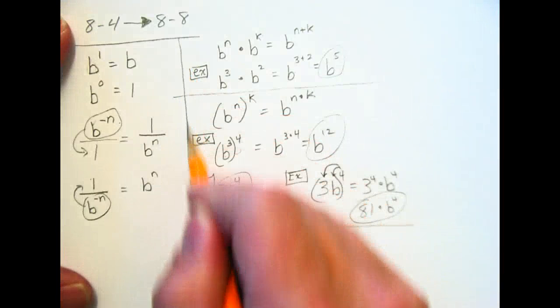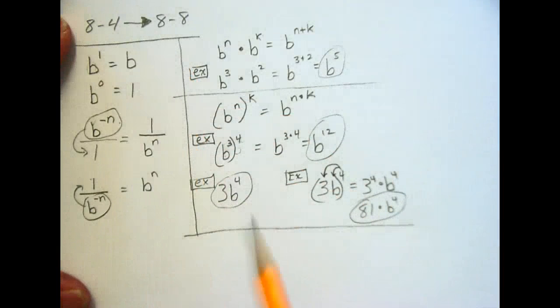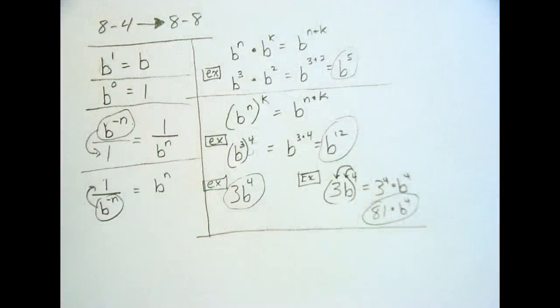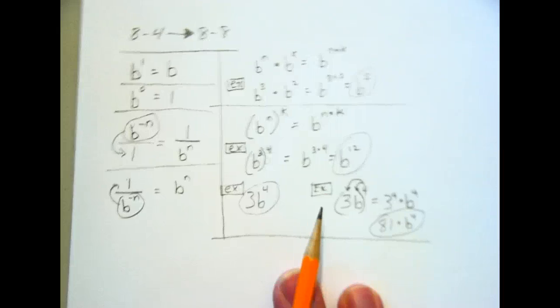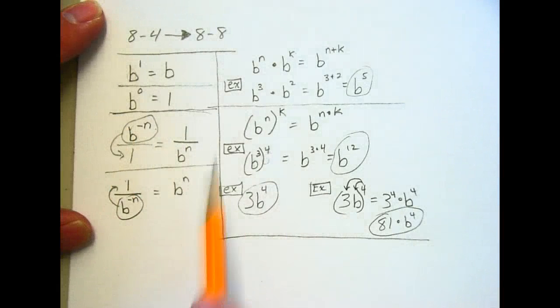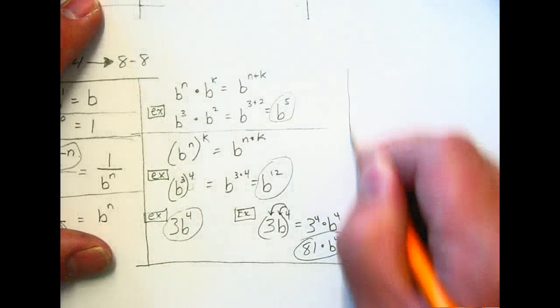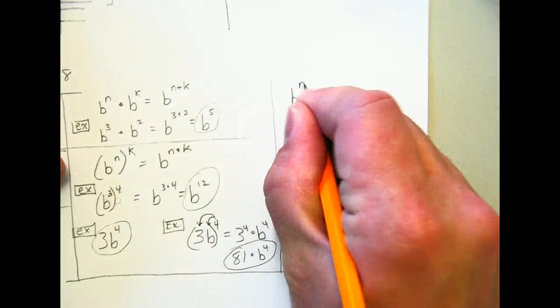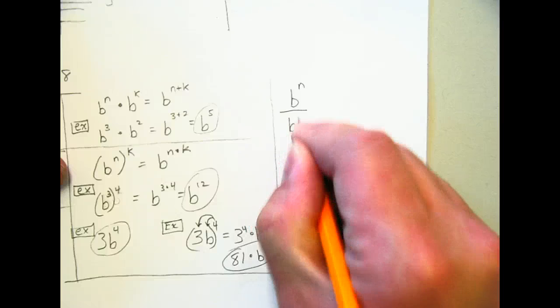Okay, so we have all of these properties so far. Here, I'm going to separate them and kind of zoom out here. So hopefully we have those down. We have one more property. Okay, and that one was, move it over here, where I had, say, b to the n over b to the k.